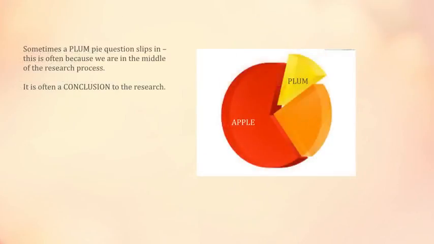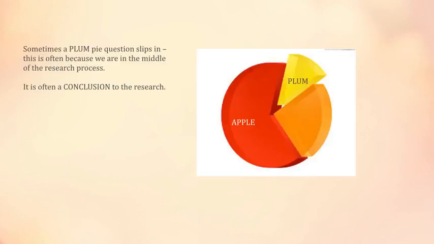But what often happens is that in your apple pie, which is your problem, with your apple pie wedges, we often have a plum pie question that sneaks its way in. And the reason why we have that is because you're not starting with no knowledge. Often people are starting with a lot of knowledge about their research area. And the plum pie question is often a conclusion.